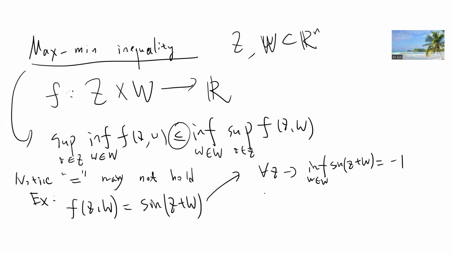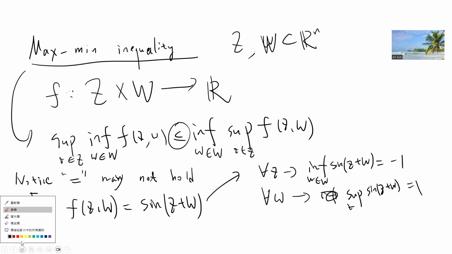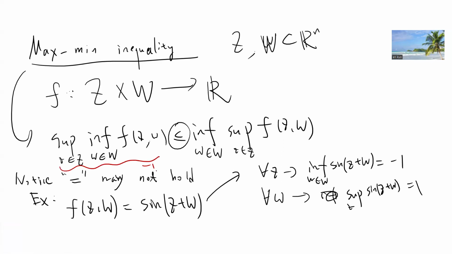And for any w, if you take the supremum over z of sine of z plus w, it always gives you 1. So in this case this side would be -1, and this side would be 1. This is why this equality may not hold.